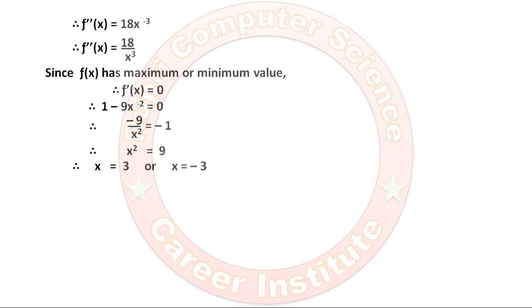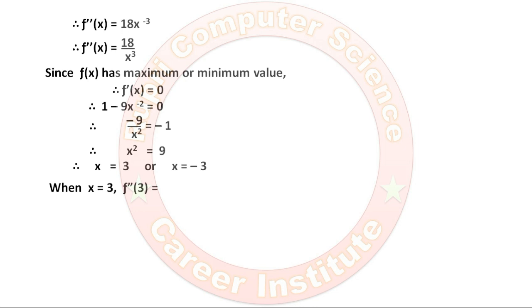Now substitute these values in f double dash and see whether it is less than 0 or greater than 0. When x is equal to 3, f double dash 3 is equal to 18 divided by 3 raised to 3, that is 27.